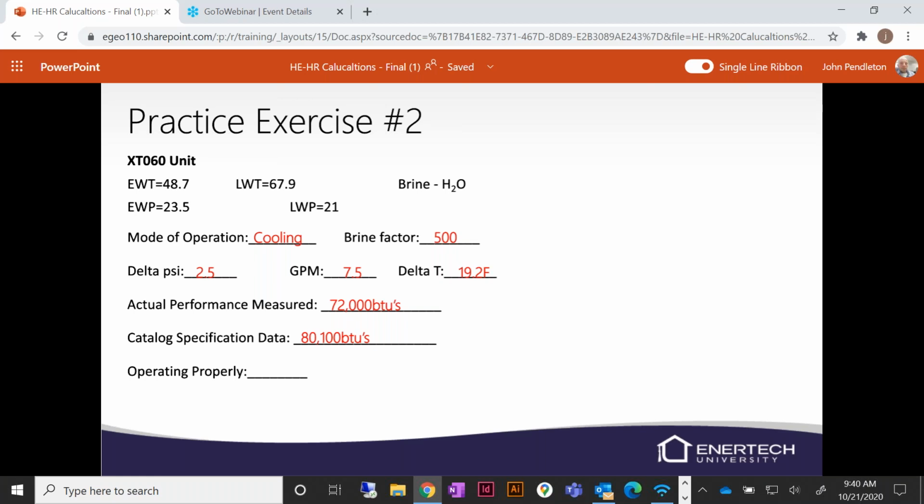So as long as we're within 10%, which we are barely, we're like right on the button at 10%, it is operating properly. Now, if you get one that's really close on the line like this, maybe you're moving a little bit more GPM than the 7.5 GPM, or maybe there is starting to be an issue.